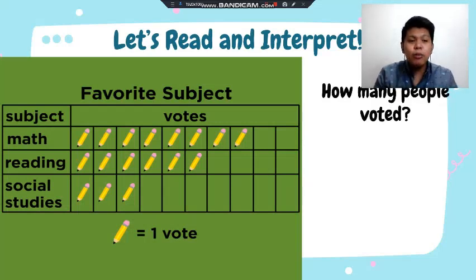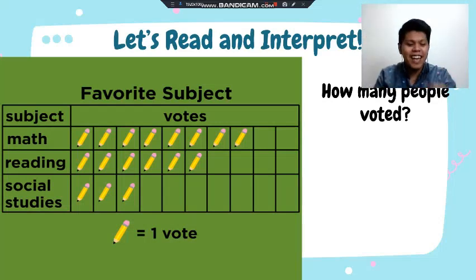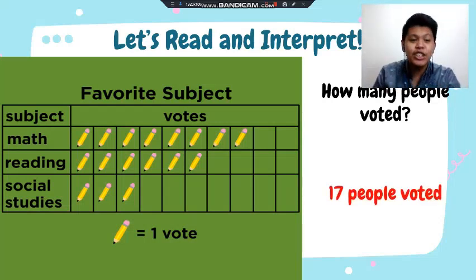Okay. How many people voted? Right. Very good. There are 17 people who voted. Why? Because you will count every pencil in the table.